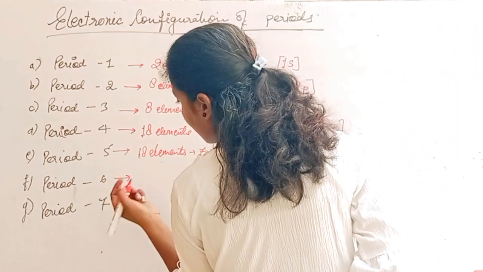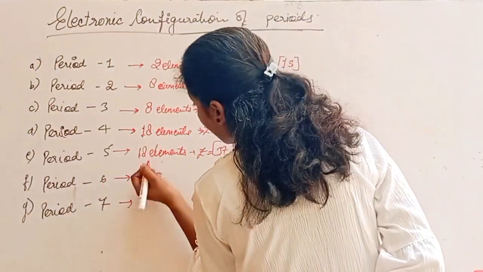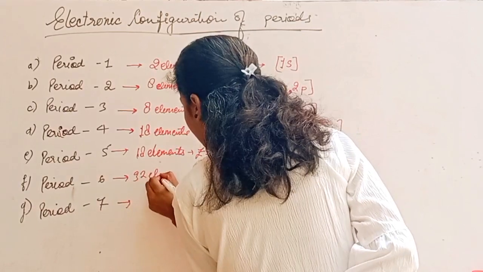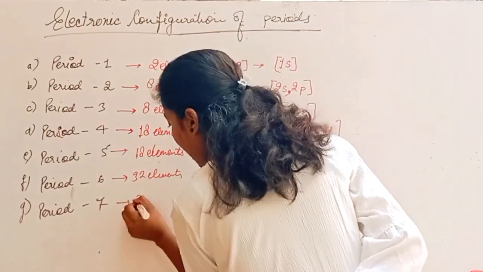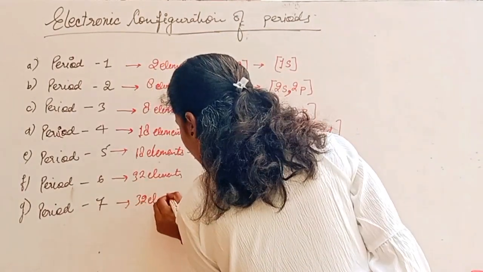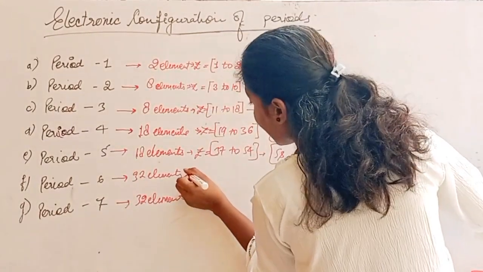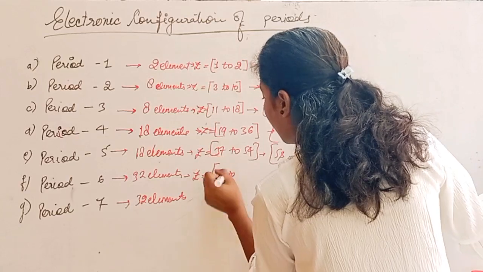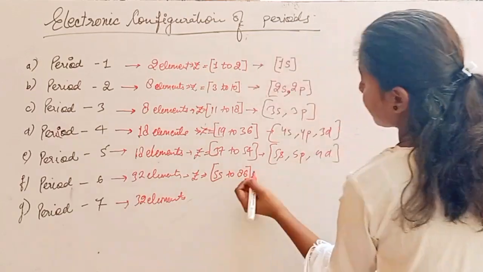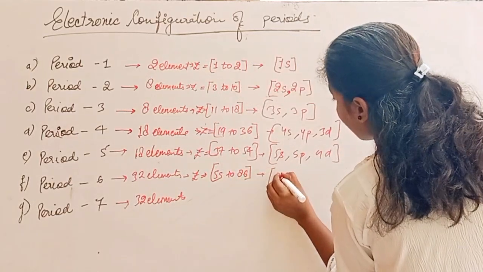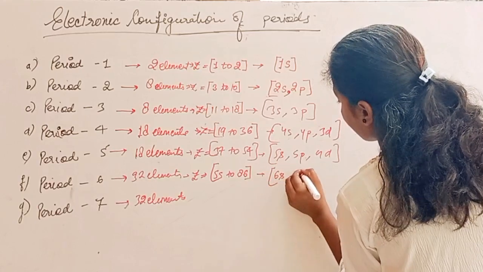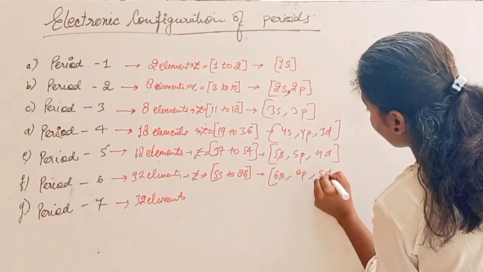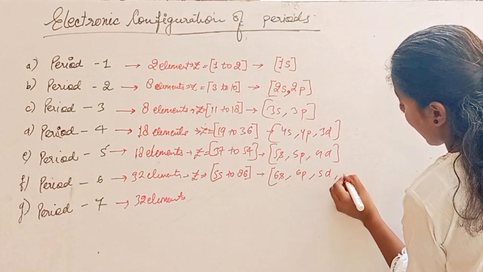Carrying on, the 6th period and 7th period carry 32 elements. This also carries 32 elements. And yes, you are very clear here. Z is equal to 55 to 86, which is written as 6s, 6p, 5d, and 4f.